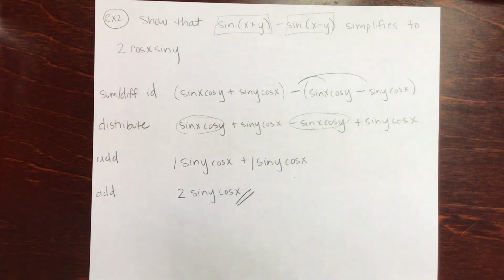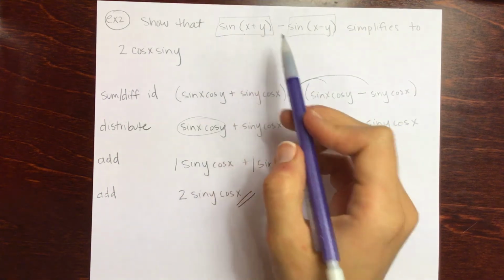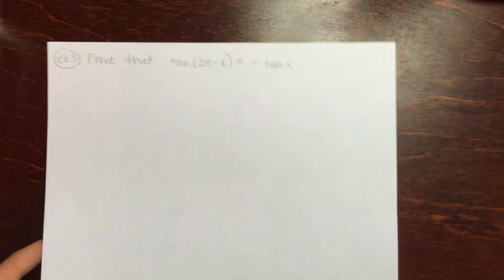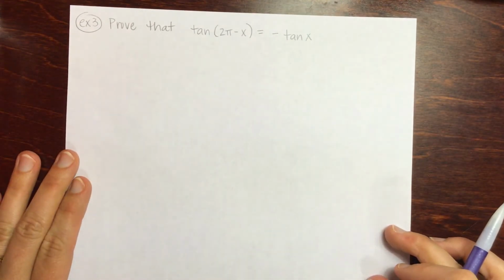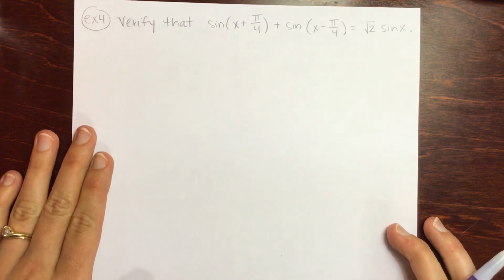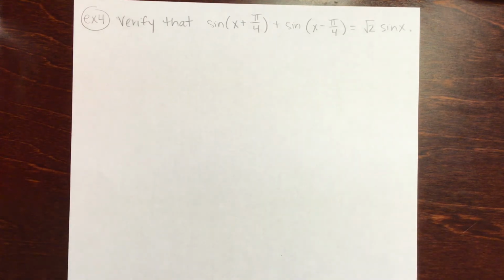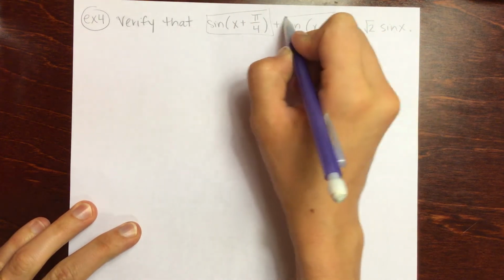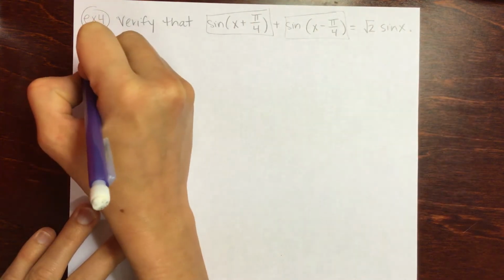It's going to be the same exact idea, but instead of x's and y's, I'm going to give you a number here for one of these angles. Let's actually start with this one. Maybe. We'll see how it goes. Okay, let's start with this one. All right, I am going to start the same way as I did before. I want to replace these with their sum and difference identities.